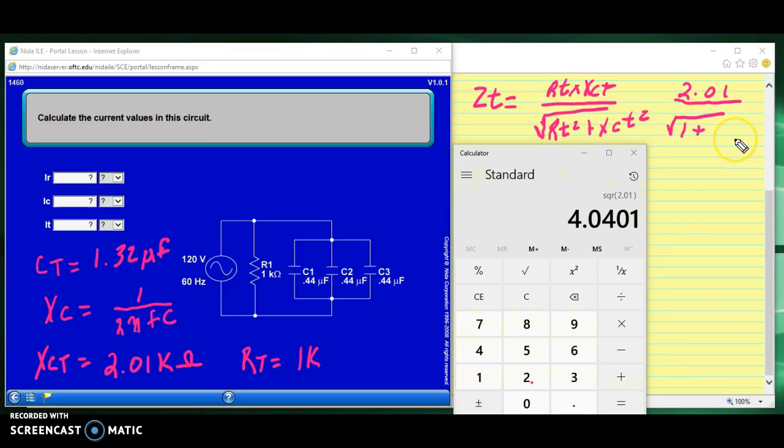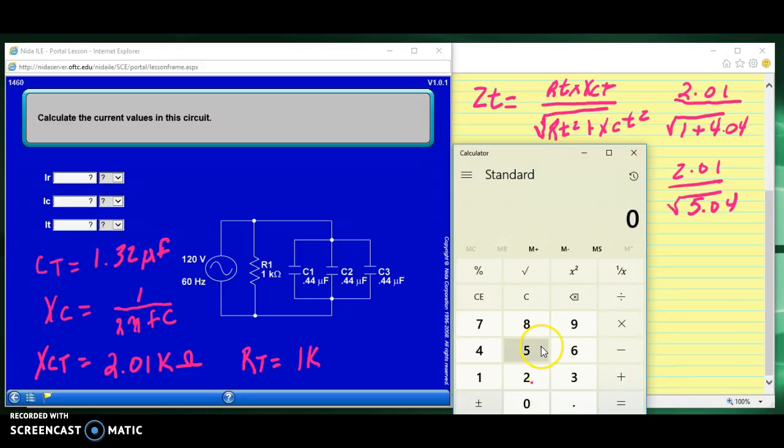So let's write that down. 4.04, so that becomes 2.01 over the square root of 5.04. So we're going to add, do that math, clear my calculator.